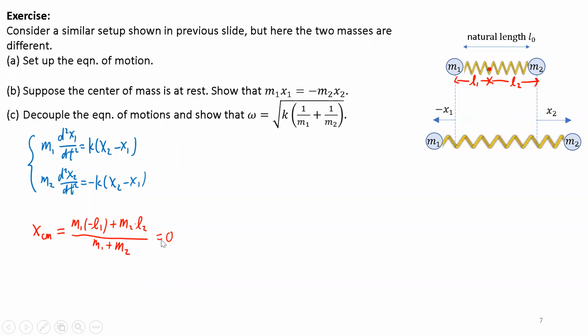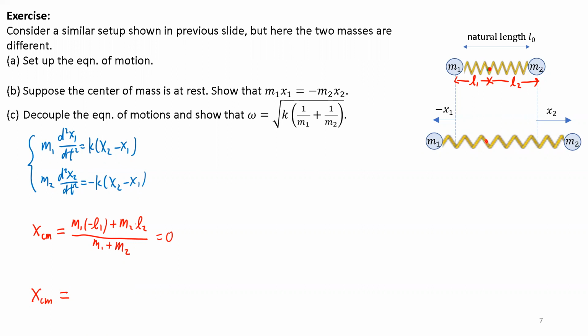Okay, so now suppose it is set in motion already, so that is after some time. This one goes here and the other one goes here. So in this situation, what is the expression for the center of mass after some time?